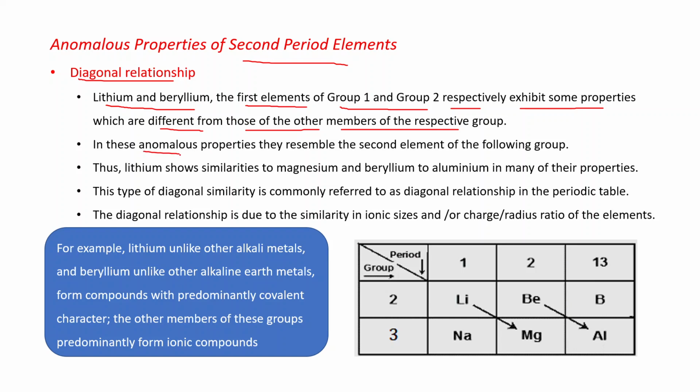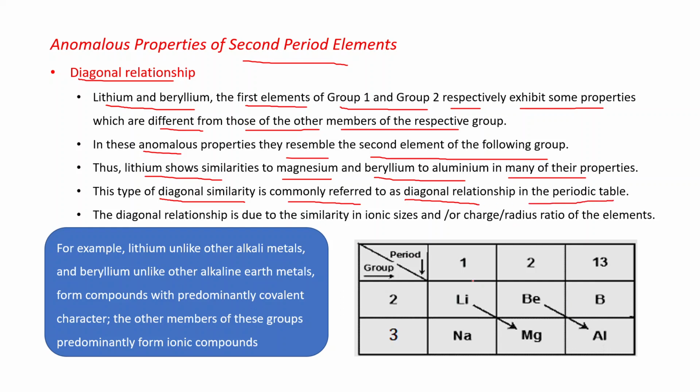In these anomalous properties, they resemble the second element of the following group. Thus, lithium shows similarities to magnesium and beryllium to aluminium in many of their properties. This type of diagonal similarity is commonly referred to as diagonal relationship in the periodic table.